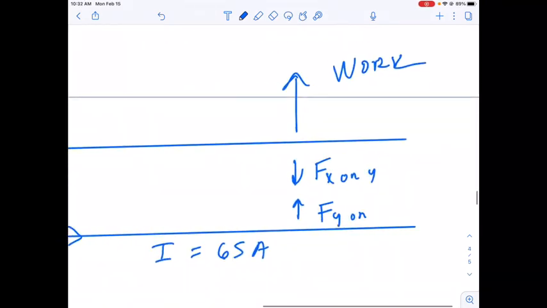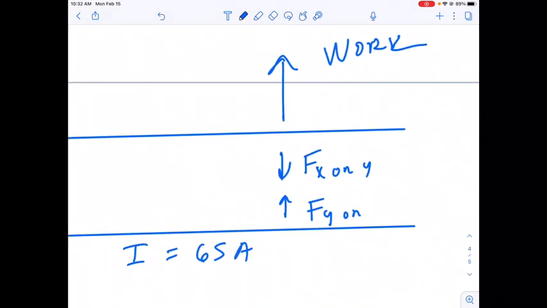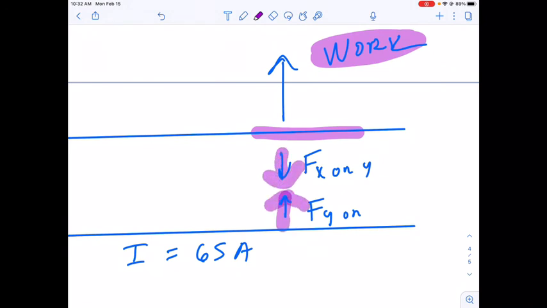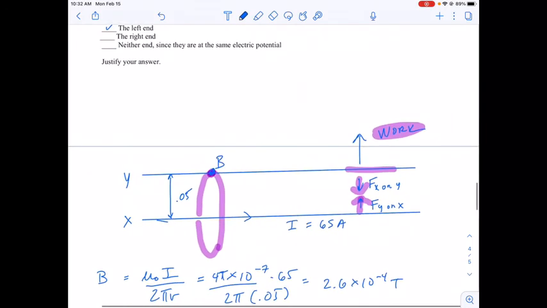So just to sum up what I've got here, I know that in order for me to have to do work on this wire, there must be attractive forces. The force of X on Y must be toward the force of Y on X. And I know that two wires attract when the currents are in the same direction. So the current is going from left to right.